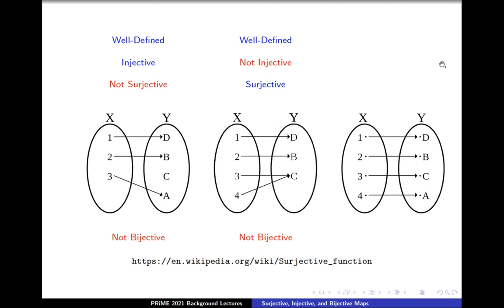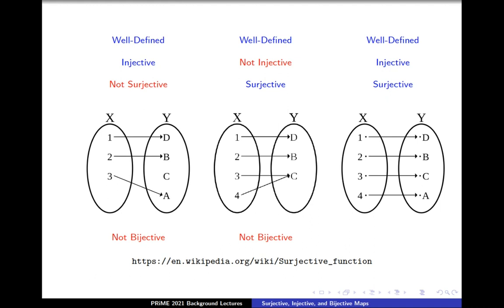In this last diagram, we have the numbers 1, 2, 3, 4 mapping to the letters A, B, C, D. In this function, we see that the map is both injective and surjective.